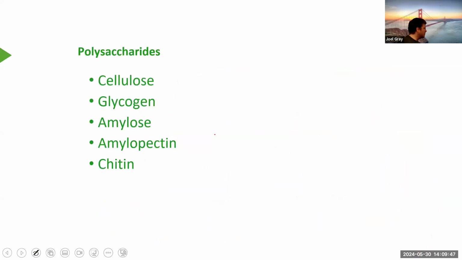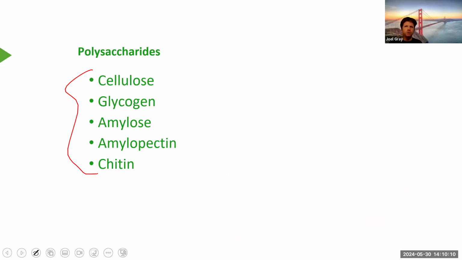So these linkages are hallmarks of polysaccharides. We just looked at a pair of disaccharides and classified them as being either reducing or non-reducing sugars. All of these polysaccharides can be classified in that way, as well as adding a couple of components to it.